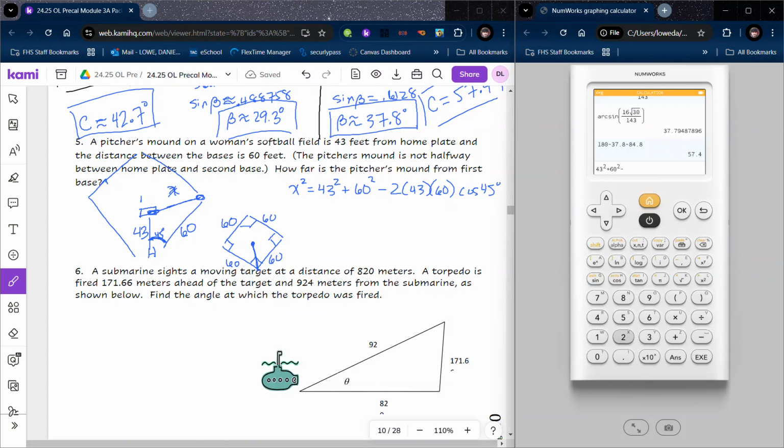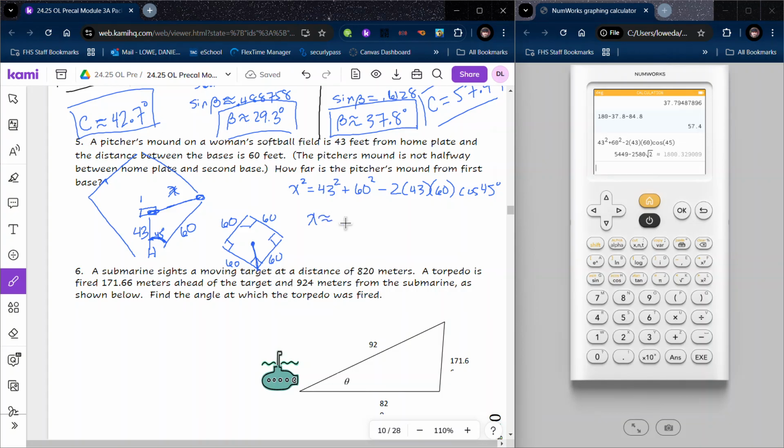2 times 43 times 60 times cosine of 45 degrees. And so that tells me that x squared is approximately 1800.